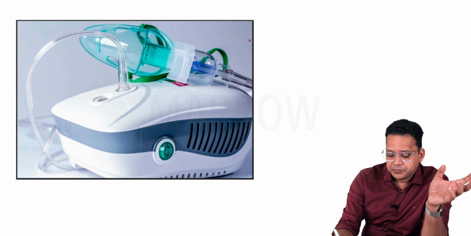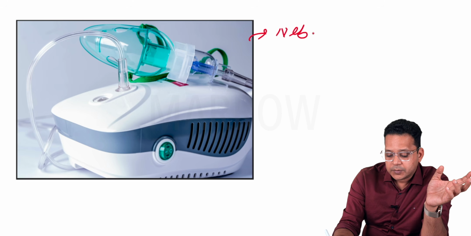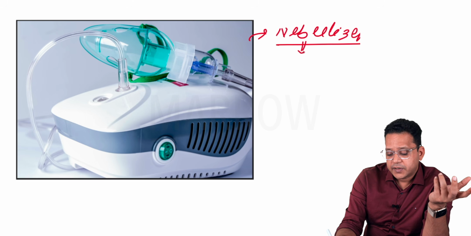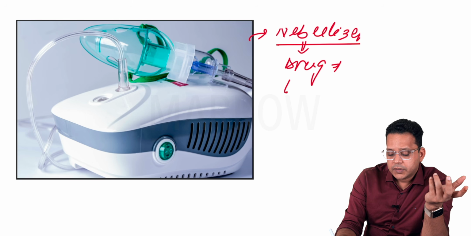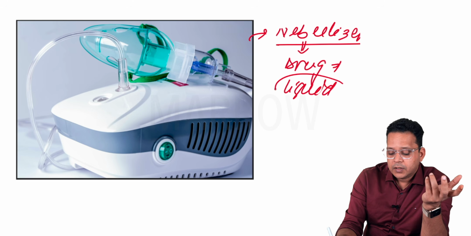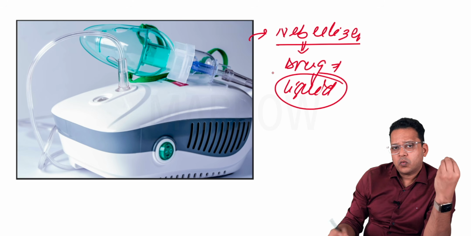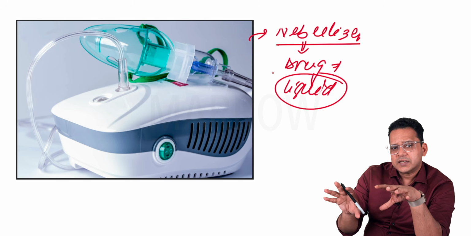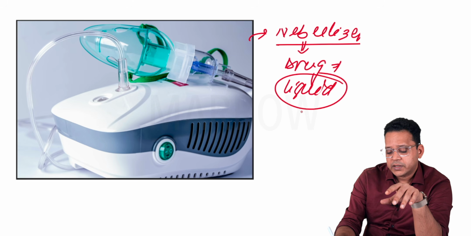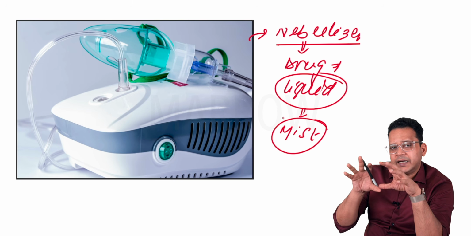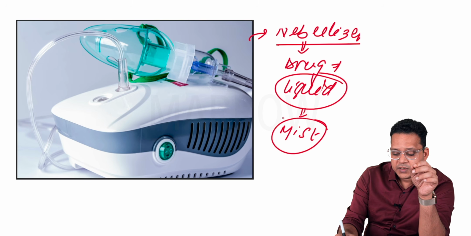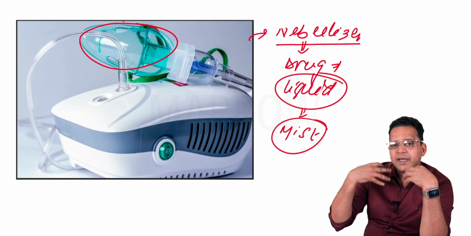Here we can see this is a nebulizer. So normally what happens in a nebulizer, the drug that we pour into a nebulizer is in liquid form. And once air passes through this liquid, the liquid gets converted into mist, and with the mask, you'll inhale this.